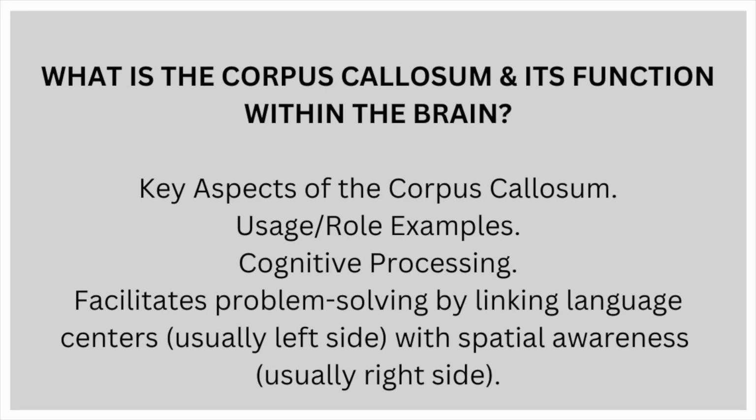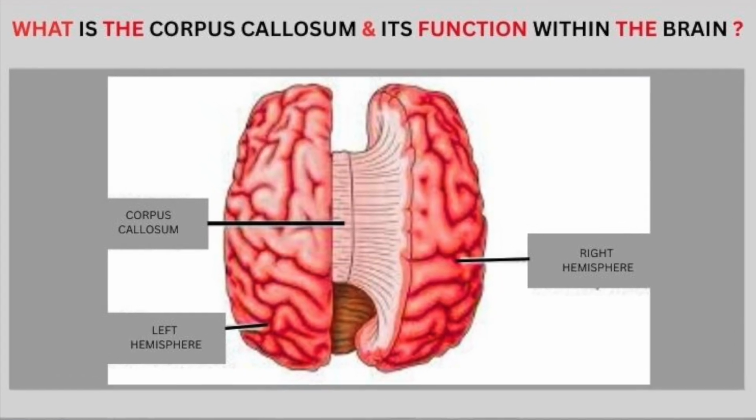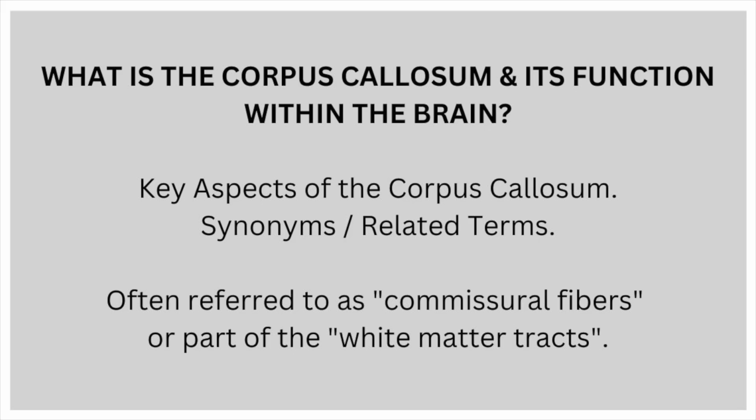Cognitive processing, facilitates problem solving by linking language centres, this usually being on the left side, and then spatial awareness usually being on the right side. Related terms, often referred to as commissural fibres or part of the white matter tracts.